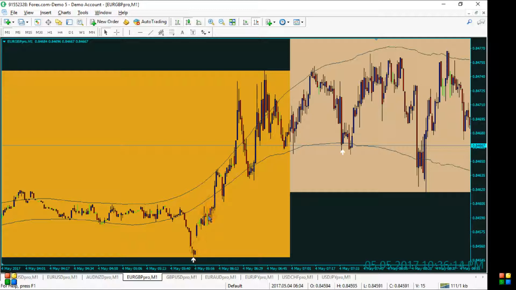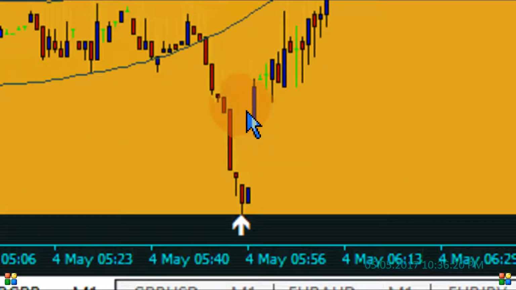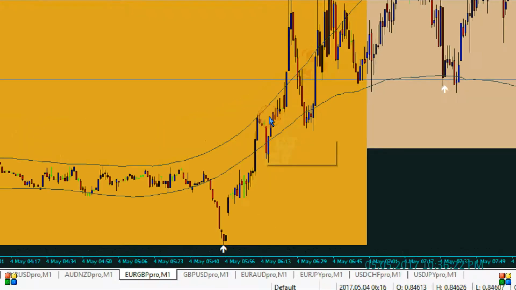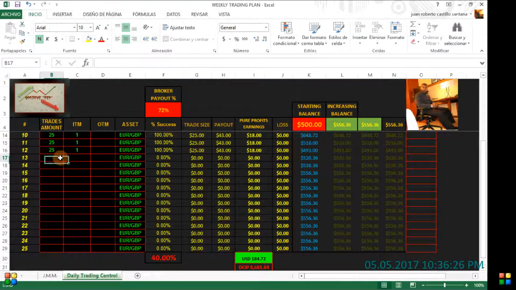I don't even need to measure. Fantastic. Look at that. Fantastic. So again, another $25 investment trade. We are already at $202. Oh Lord, $202.